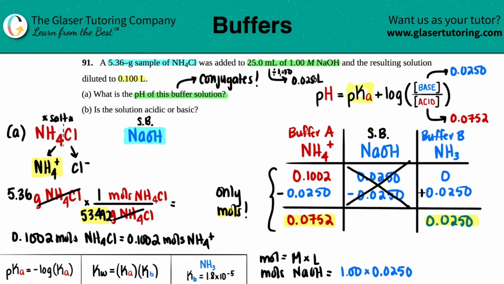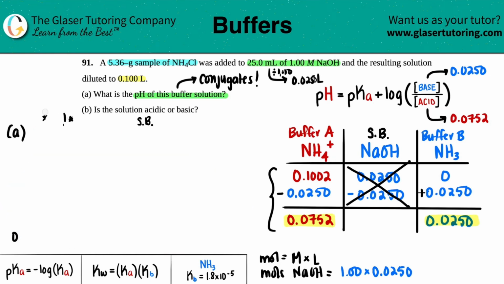Now we just have to find out the pKa of the system, and from there, then we can get the pH. So pause the video if you need to, because I'm just going to get rid of this part on the left-hand side here. So bye-bye. And then maybe I'll just erase some of this. Beautiful. Okay. So now, pKa.